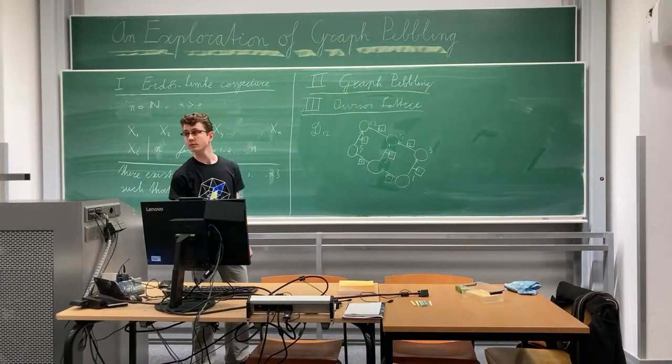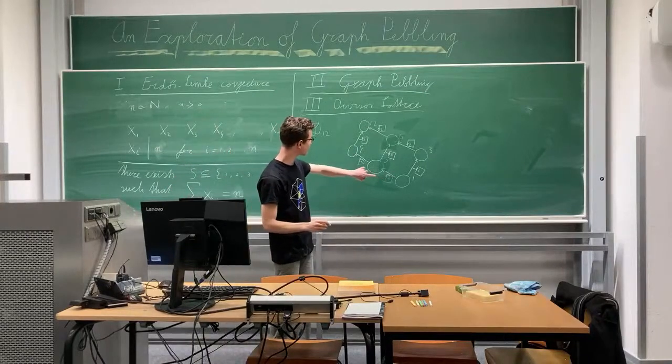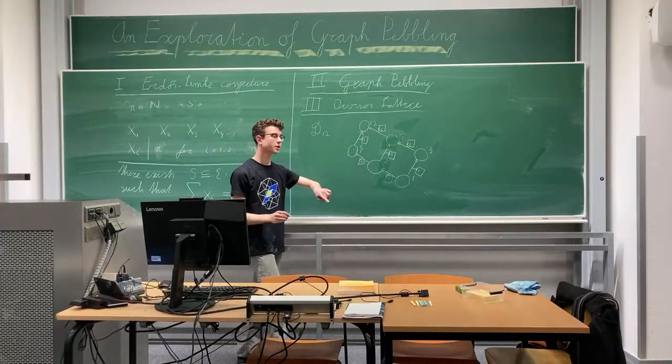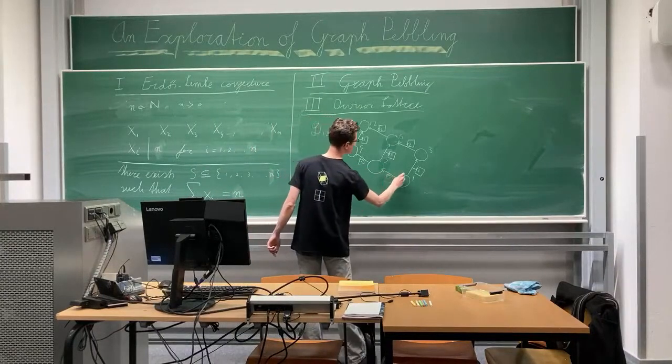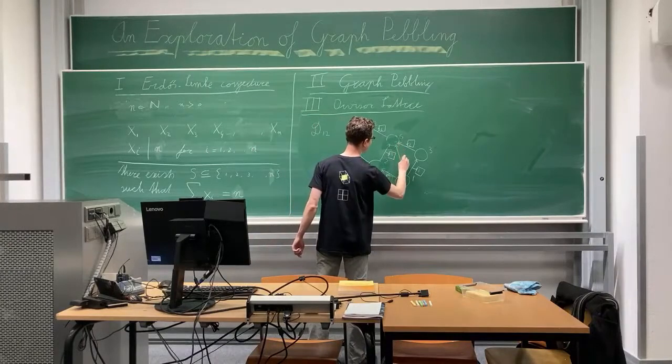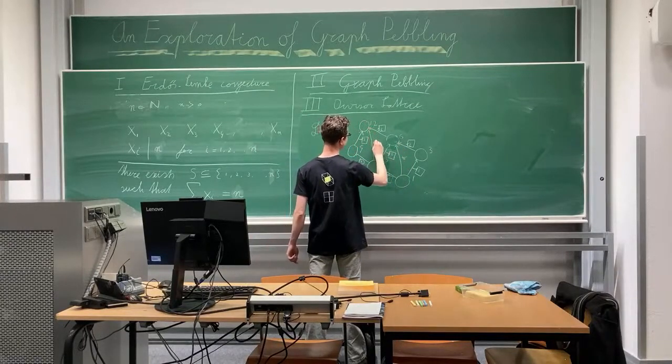But you left out some edges. Yes, so for simplicity, I've left out some edges, but in principle, we can add every edge that is a multiplication factor. So we could also go like times 6. We could also go this way, times 6.